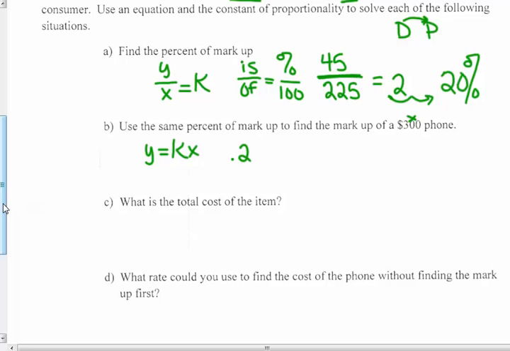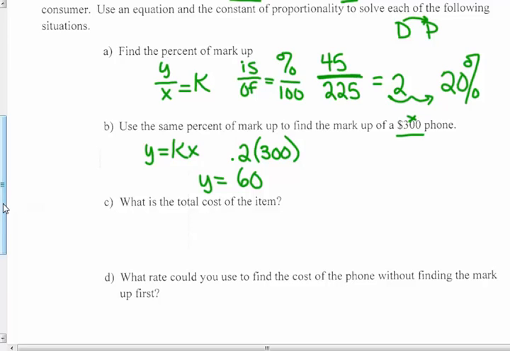I'm trying to find my y, how much they are marking it up. So 0.2 times 300 gives me 60. The y, the markup, is $60. That's just part of what you're paying. So if the company bought a $300 phone and marked it up 20%, they would sell it to you for $360.